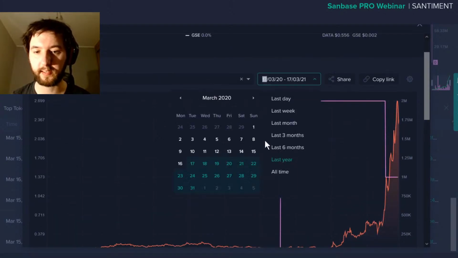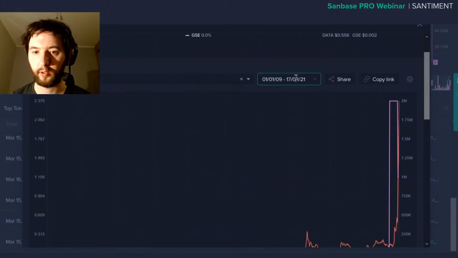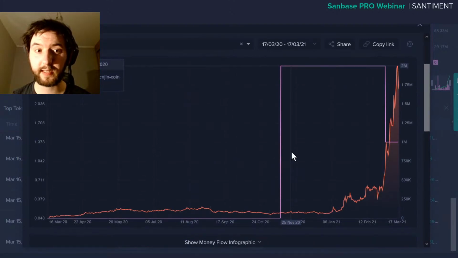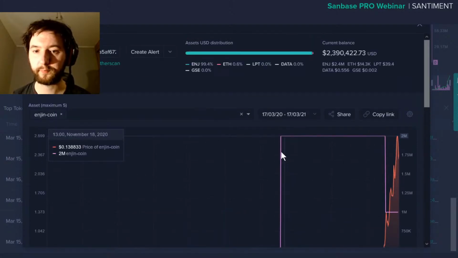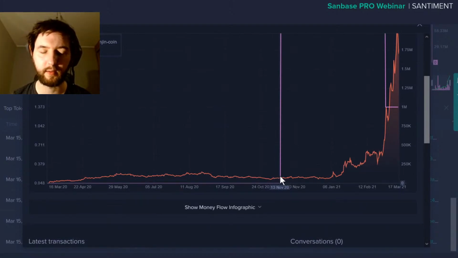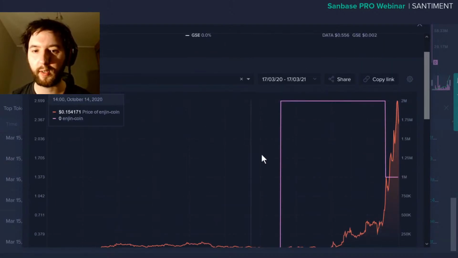So this is an address, and let's look at the all time just for consistency's sake. There we go, looking at the last year of data. This is an address that went into ENJ, or accumulated about 2 million ENJ, on November 12th, when ENJ was around $0.14.